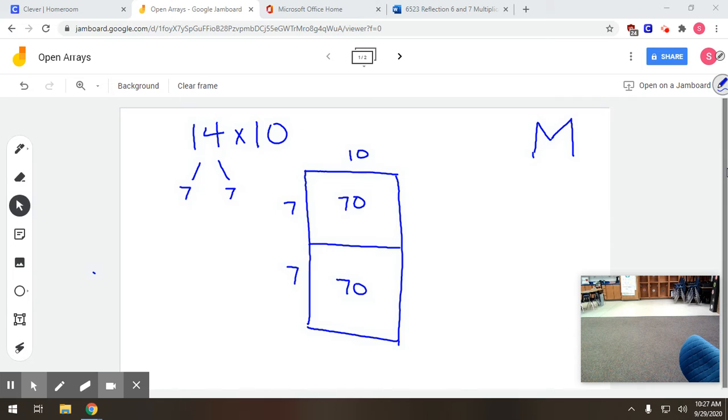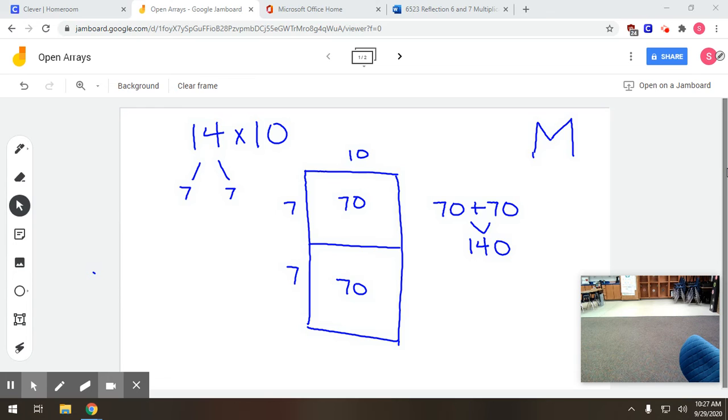Okay, so we can add these two partial products together. 70 plus 70 equals 140. Because I know 0 plus 0 is 0, and 7 plus 7 is 14. All right, so that was using my open array with multiplication.